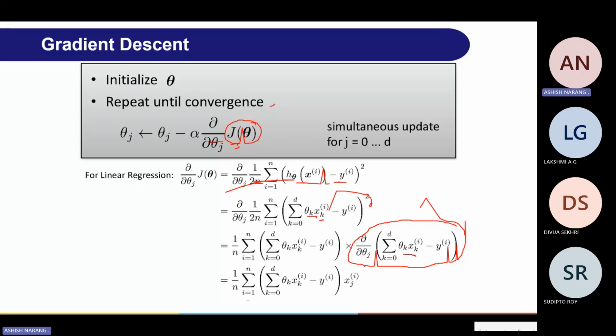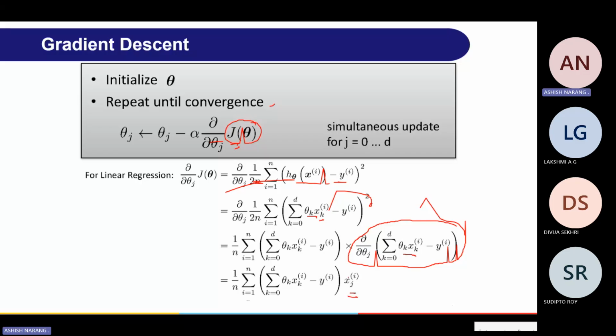Theta k xk, we know k varies from 0 to d. So at some point there will be a feature whose weight you want to update, and that is what you are multiplying it with.